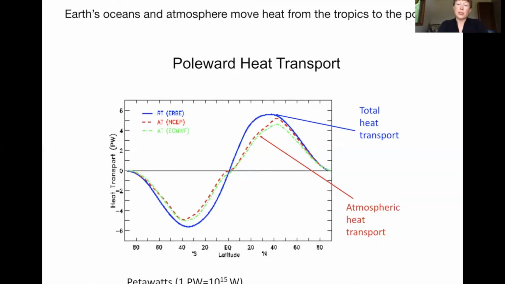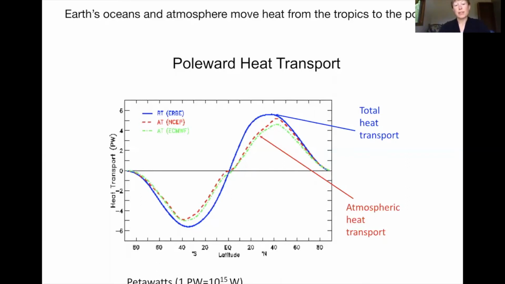And if we look at the two curves underneath the blue curve, so the dashed green and red lines, those are showing different models of atmospheric heat transport, right? So we said that the ocean and the atmosphere are the two mechanisms moving that heat from the really warm tropical latitudes to the cold high latitudes.